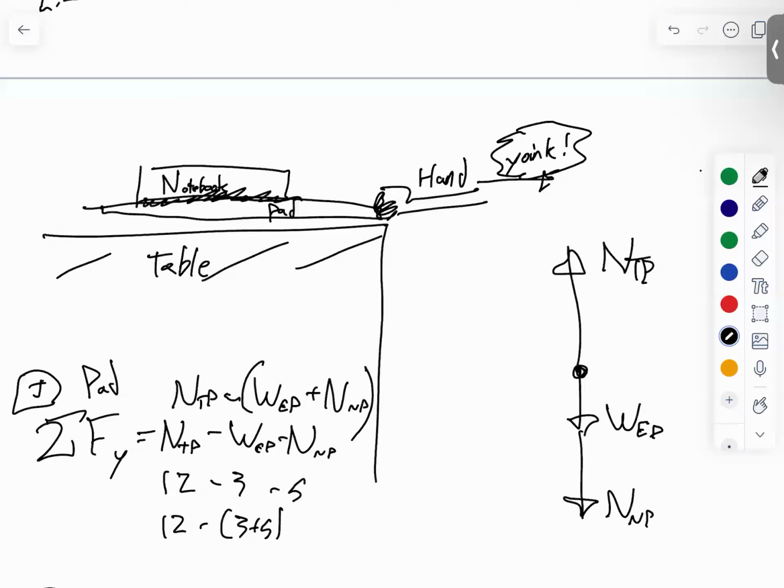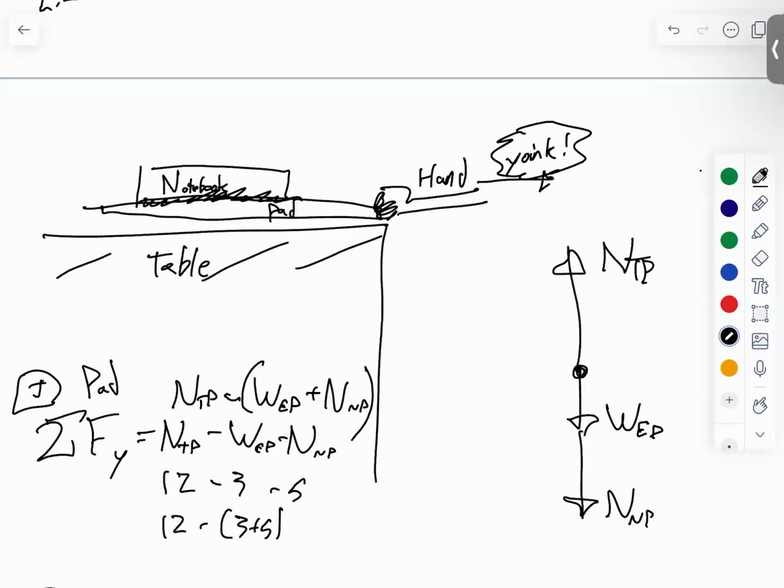Write down an expression. Let's call the hand force a tension. Oh, that's sort of silly. I don't know, maybe I am skinny enough for this to be a rope. Okay, so let's write down an algebraic expression involving the tension force of hand on pad and the friction force, call that F, friction force of notebook on pad. We're ignoring the table.